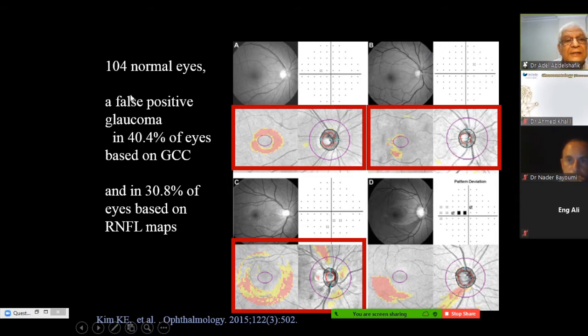The third study was done on 104 patients. They found changes in the ganglion cells in 40% and in the RNFL in 30%. These are some of the examples of that paper, such changes. They don't accept this as real because they are missing changes around the disc.